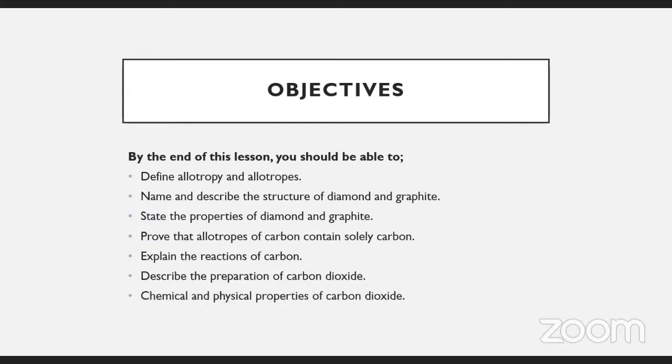Then also be able to explain chemical and physical properties of carbon dioxide as a gas. So those are the few objectives for our seminar. This topic is a bit longer, and we can't cover it in 1 hour or 2 hours. Otherwise, if we do that, we might miss out some information.